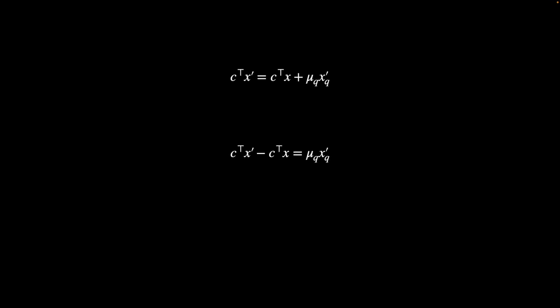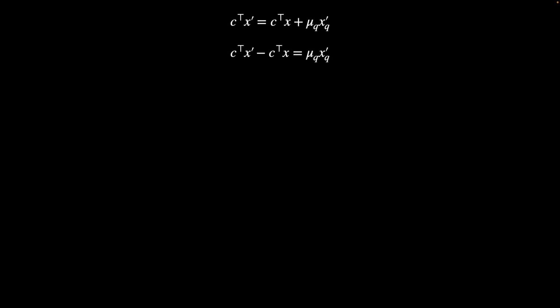Why is this a useful result? Why is this important? Notice what this is telling us. The objective function, when we move from x to x prime, is only going to decrease if this mu q term is negative.